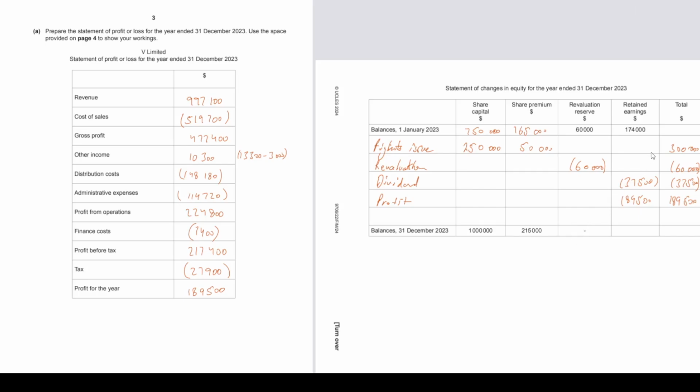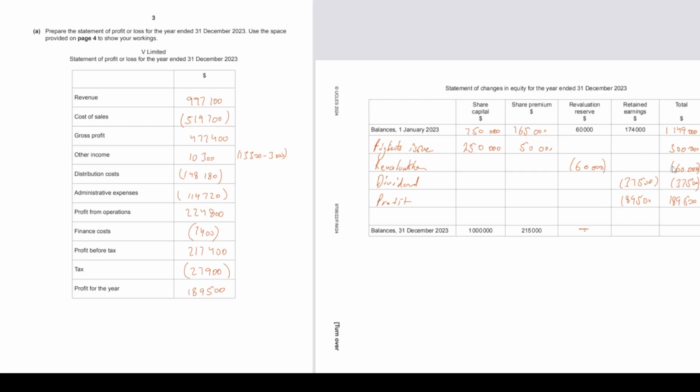Let's just fill in all the blanks, the top row first. 750 plus 165 plus 60 plus 174, 1,149,000, of course. Let's add everything vertically. That's 60 minus 60, 0.